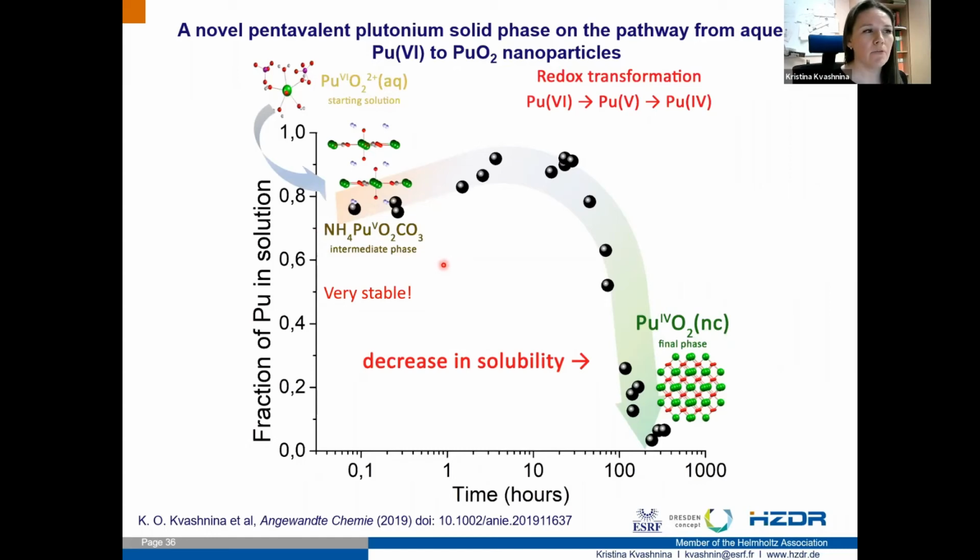For chemists, it's very unusual to see a pentavalent plutonium phase, not a liquid phase, but really in the solid, which is stable over the period of 3 months. So that was something new, unusual, that nobody saw before. And this is also a nice example of how spectroscopy helped chemists to identify and create new materials.